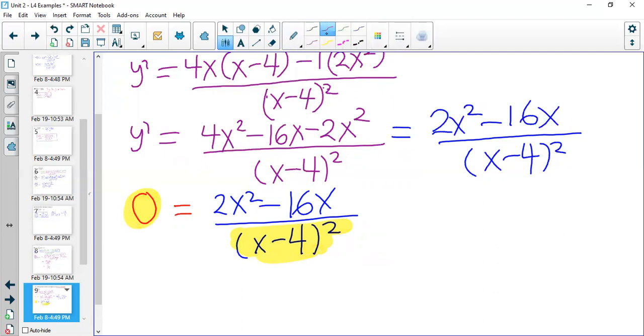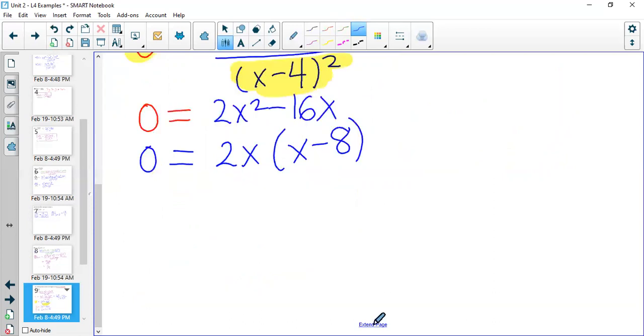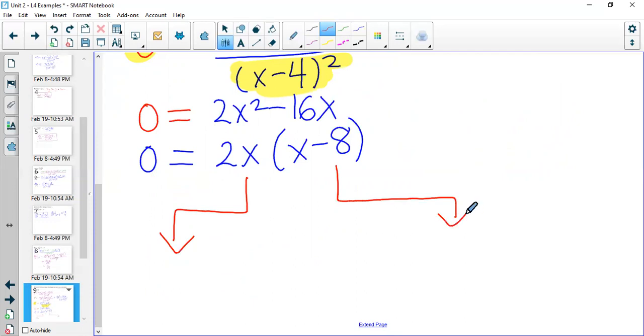So I'm left with 0 is equal to 2x squared minus 16x, which we can then factor to 0 is equal to 2x times x minus 8. Now, this is the information I'm going to use in order to solve for my point. So I'm going to take the 2x for the first point and x minus 8 for the second point.